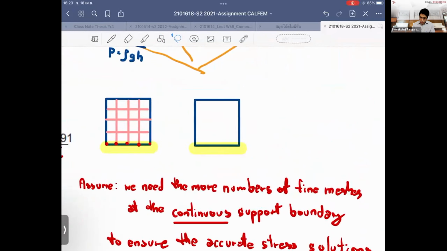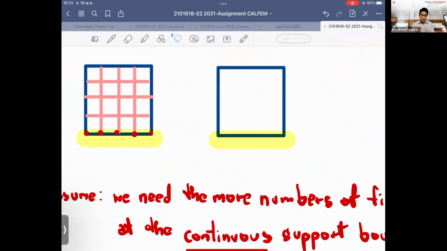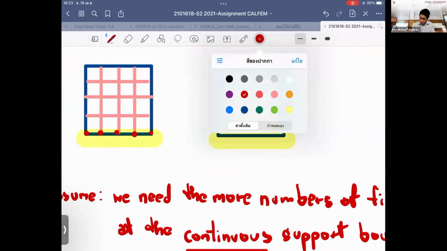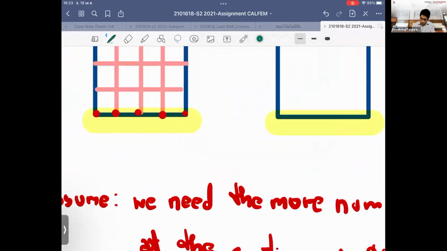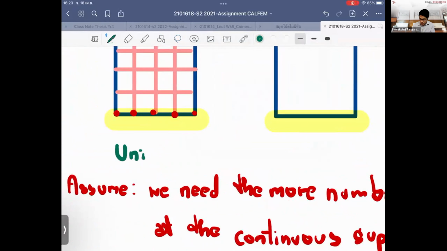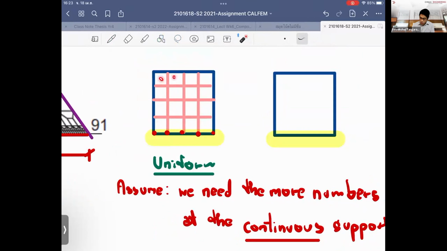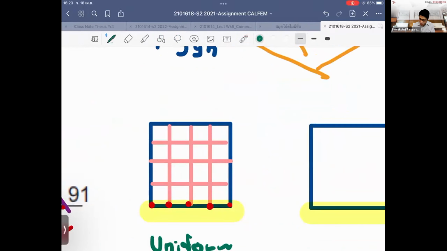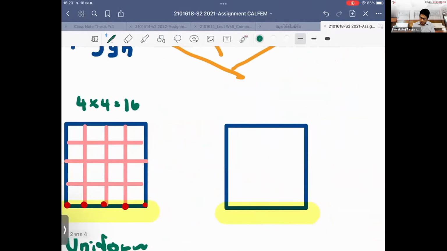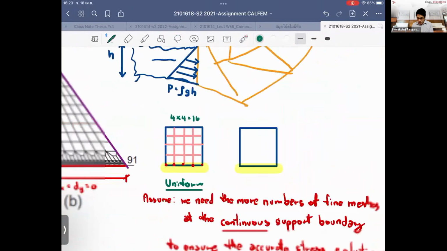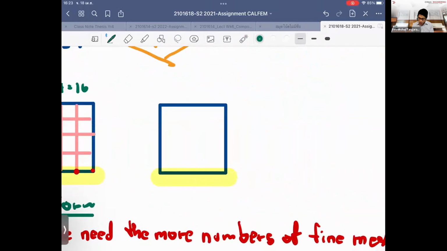So by doing this, if I want to keep a uniform mesh, the pattern that I have on the left-hand side, I call this the uniform mesh. If I do this, you just count how many meshes I have. It's 1, 2, 3, 4, 5, 6, 7, 8, 9, 10, 11, right? So it's 4 by 4, you get 16. 16 meshes you use.